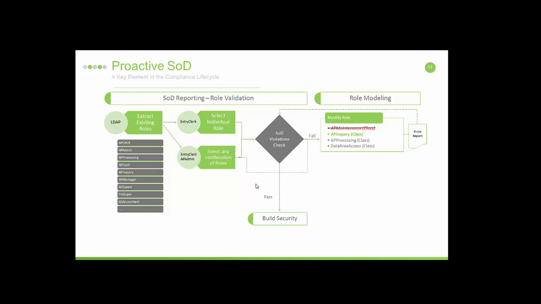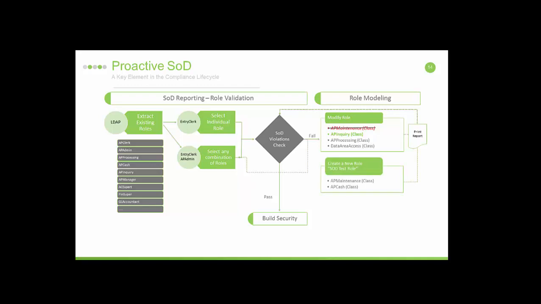I'm going to run a report that will show you how your security in fact has changed, and run that through our violations check to see if I come out on the other end with problems. If I don't, then I know, okay, this is the change I can make to that role that adheres to all of our policies.